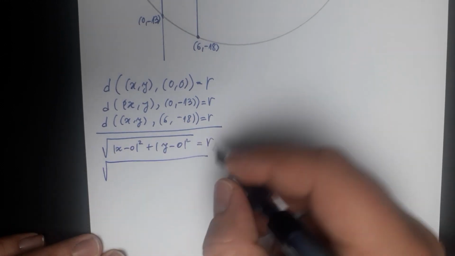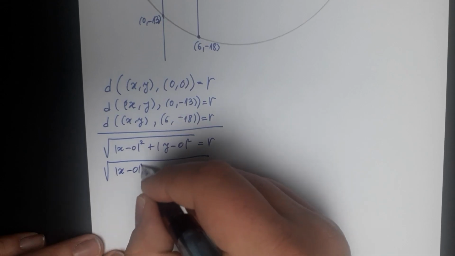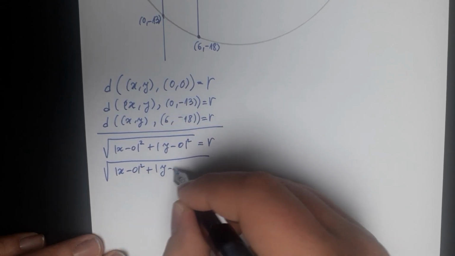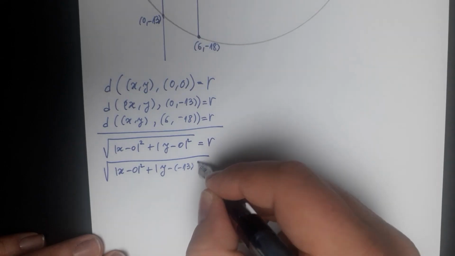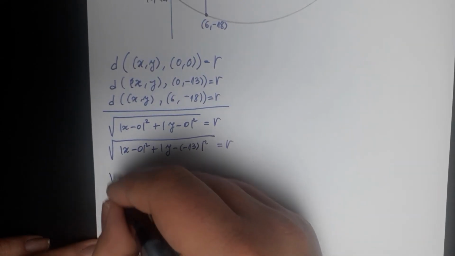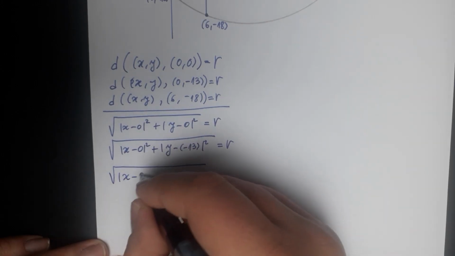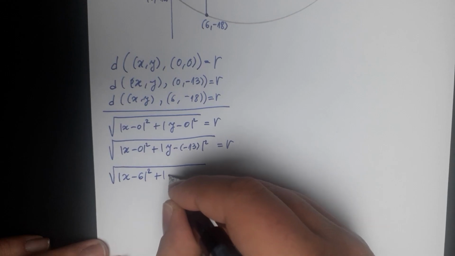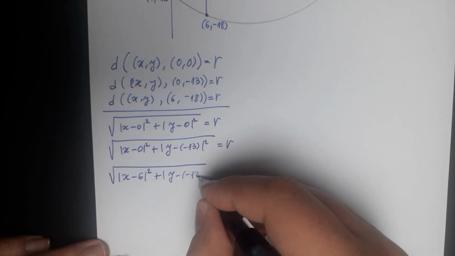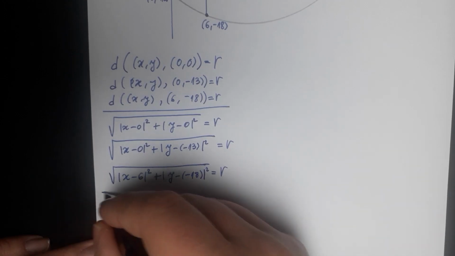In the second equation, we get a square root of x minus 0 squared plus y minus negative 13 squared is equal to r. And in the third equation, we get a square root of x minus 6 squared plus y minus negative 18 squared to be equal to r again.